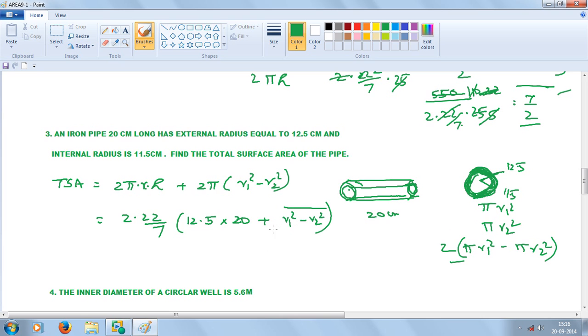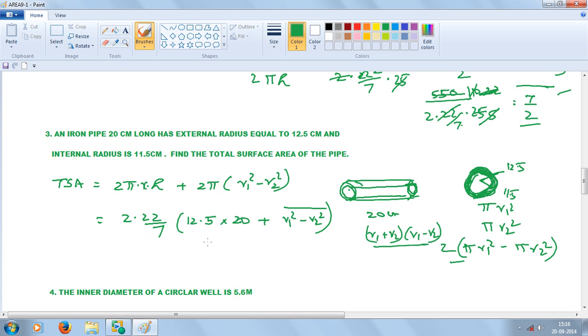Squaring 12.5 and 11.5 is a little difficult. So instead of doing it directly, you use the formula r1 square minus r2 square equals r1 plus r2 multiplied by r1 minus r2.